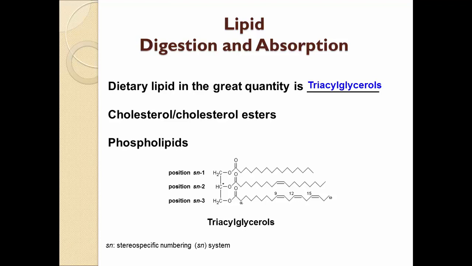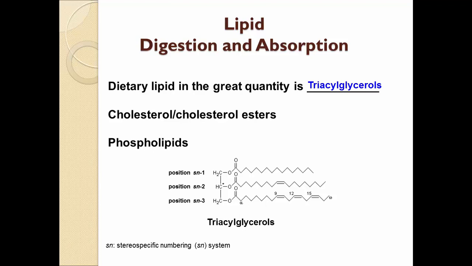Triglyceride is the most abundant lipid in the diet. Food also has cholesterol and cholesterol ester and some phospholipids. But again, the predominant amount of the lipids in the diet is triglyceride.